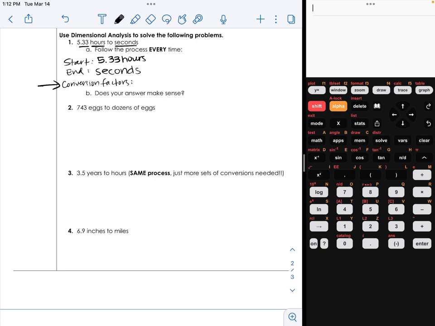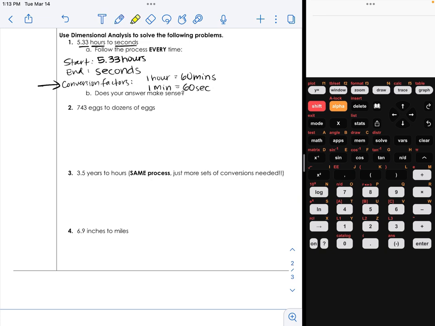So I'm thinking we can go from 1 hour, which is equal to 60 minutes. We can use that conversion factor. And then we need to go all the way to seconds. So we know 1 minute equals 60 seconds. I get a lot of questions about how do you know when you're done listing conversion factors.